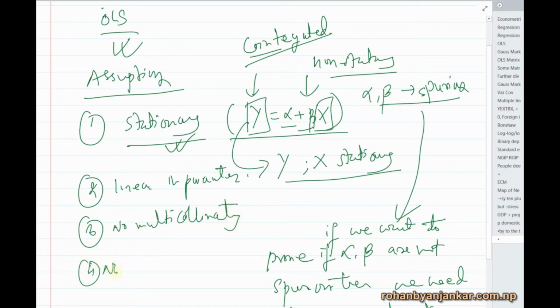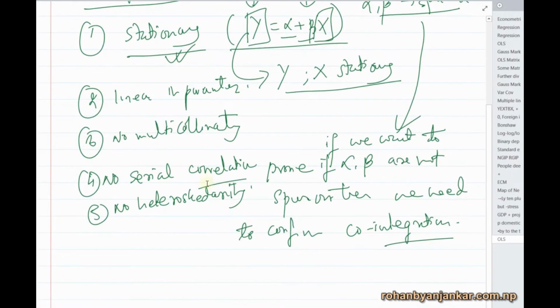Fourth is no serial correlation or autocorrelation. Fifth, no heteroscedasticity. These are some of the major assumptions of the OLS.